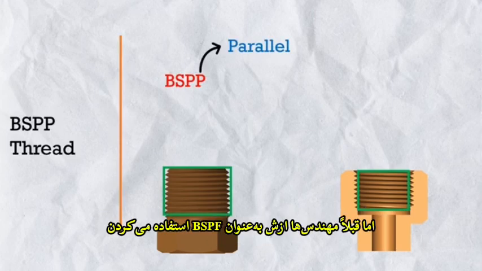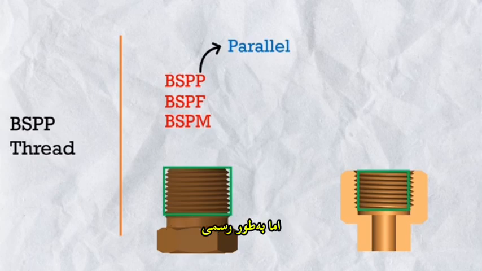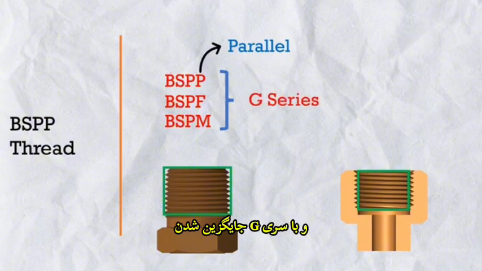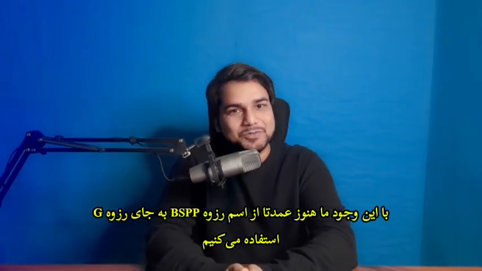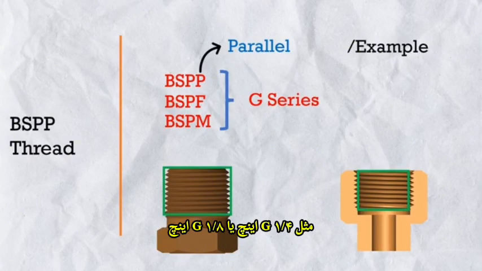But in earlier times, engineers used to denote it as BSPF and BSPM also. But officially, all these three standards have become obsolete and got replaced with the G series. But we still widely use BSPP thread as well as G thread, like G 1/4 inch or G 1/8 inch.